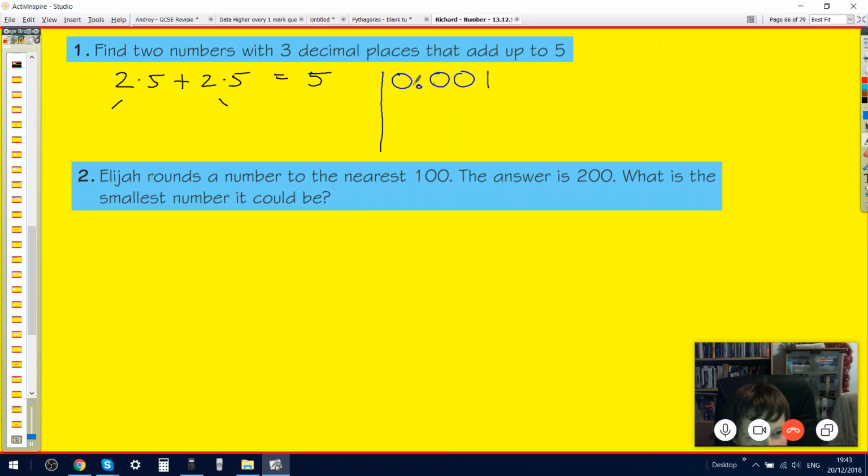Yes. So that's the simplest number with 3 decimal places. And so you could do the halfway number, which is 2.5. 2.5 plus 0.001 and 2.5 minus 0.001. Okay.